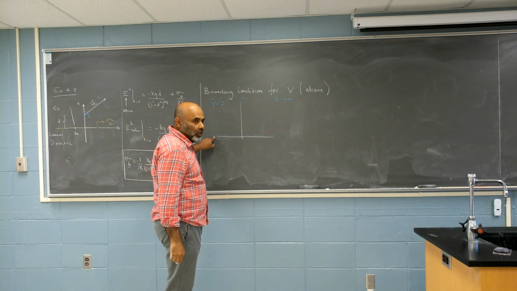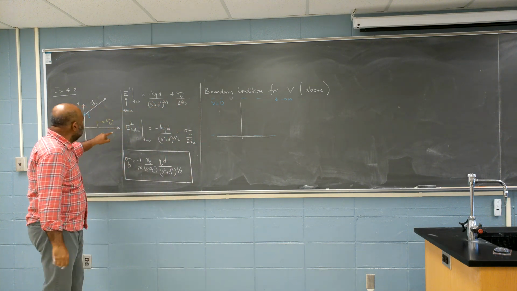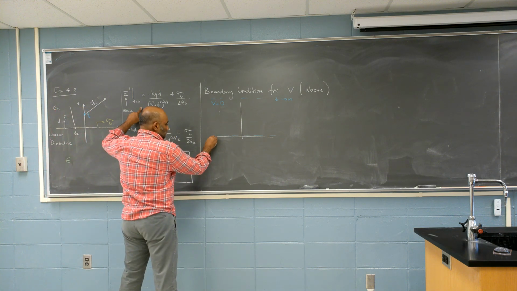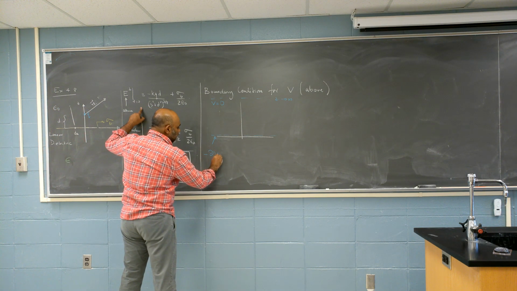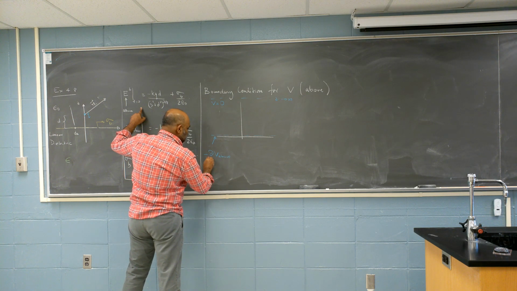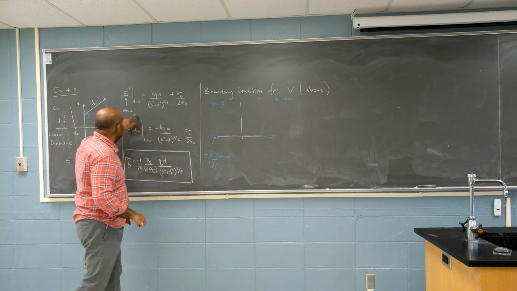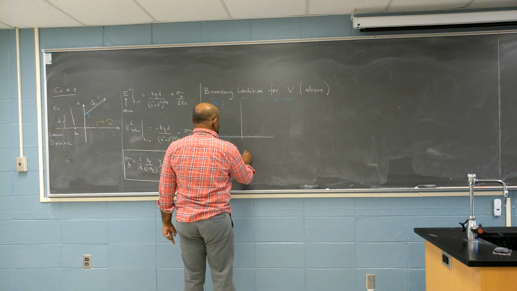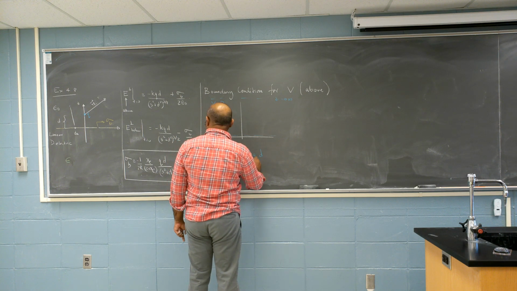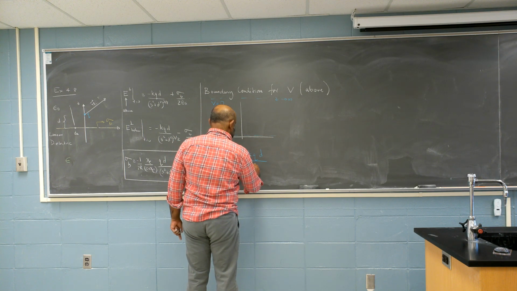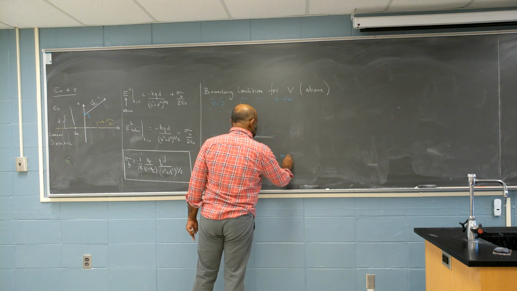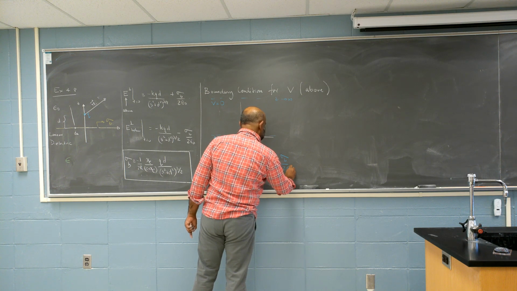Here, we don't know the potential, but we know the derivative of the potential. We know that minus dV above over dz is equal to minus kqd over s squared plus d squared to the 3/2, plus sigma bound over 2 epsilon naught.